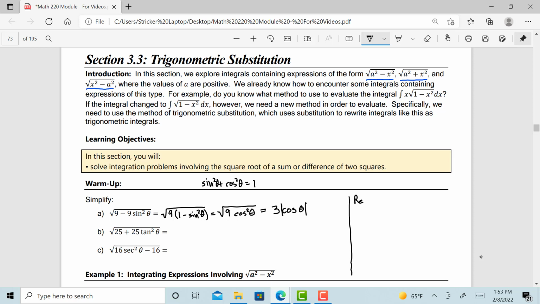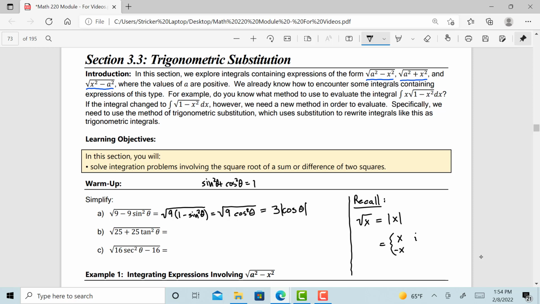Let's remember something from algebra. So back in algebra, when we define the square root of x squared, it's actually not defined as x. It's actually defined as the absolute value of x. And that's because the absolute value of x can either be equal to x or negative x, depending on if x is positive or negative.